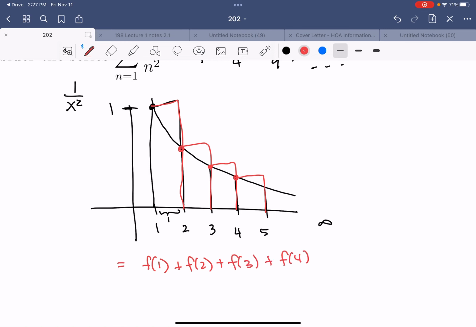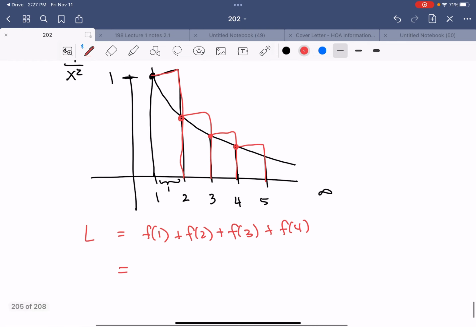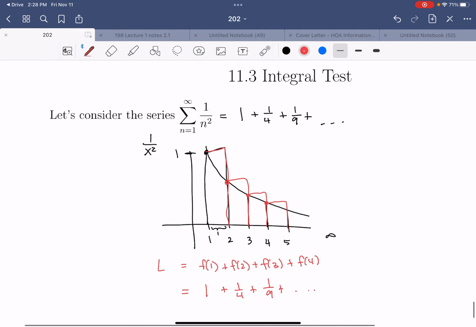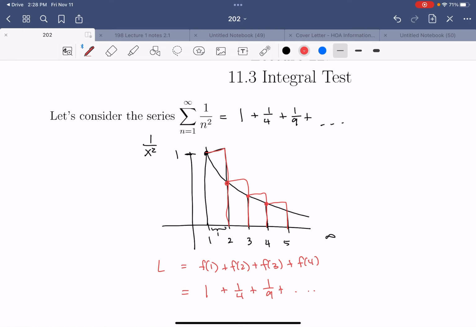This is left endpoints, by the way. If I plug 1 into my function 1 over x squared, that's 1. Plugging in 2 gives 1/4. Plugging in 3 gives 1/9, so on and so forth. So the estimate for the area under the curve using left endpoints is exactly the same as the values in my series, right?